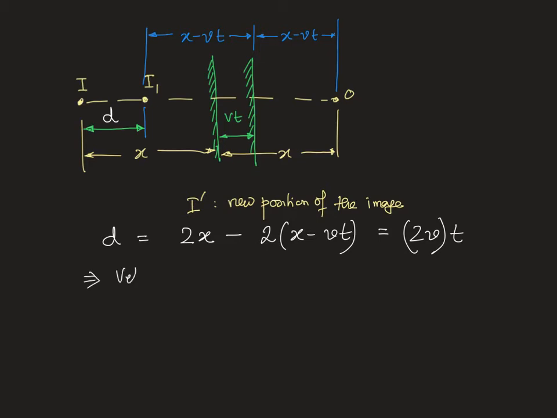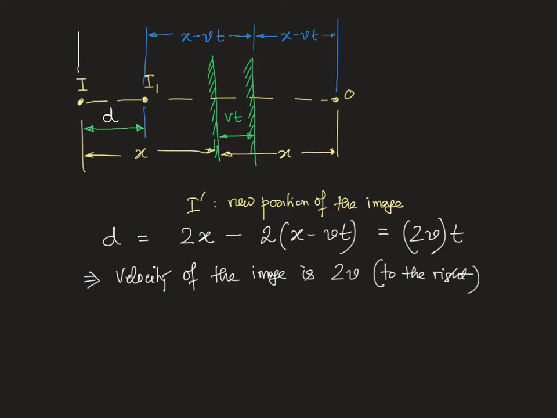The velocity of the image is equal to 2v to the right. Obviously it is 2v, because in time t the image moves the distance 2vt. Simple.